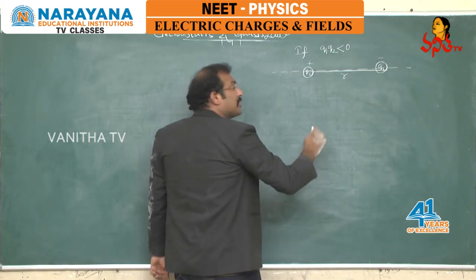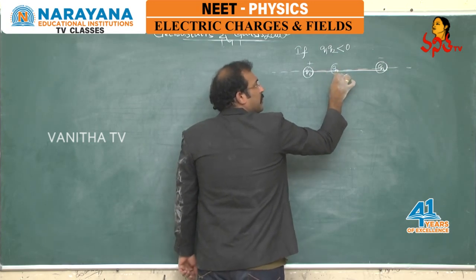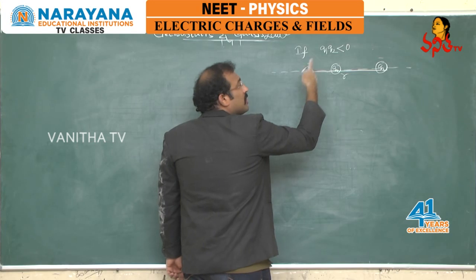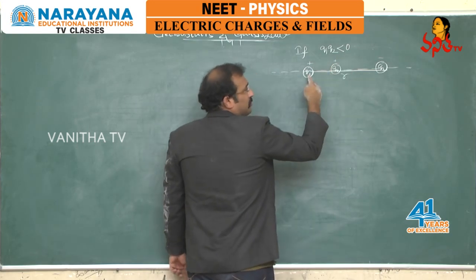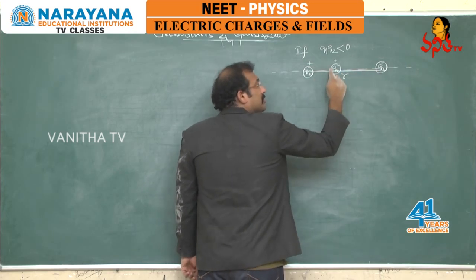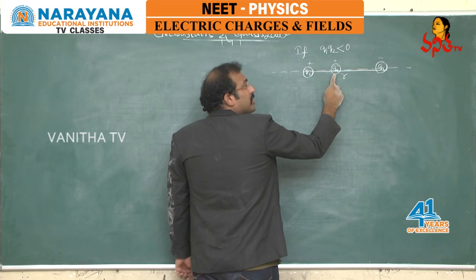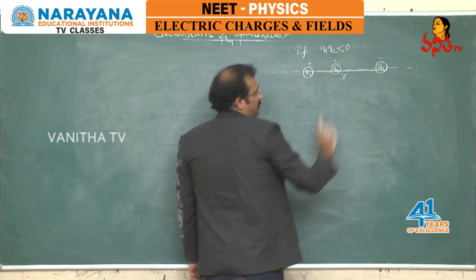Now, first of all, I'll put this test charge q naught in between. So this one will repel this positive test charge. This one will attract. There is no possibility that this test charge will experience net force 0 in between the line joining the two charges.